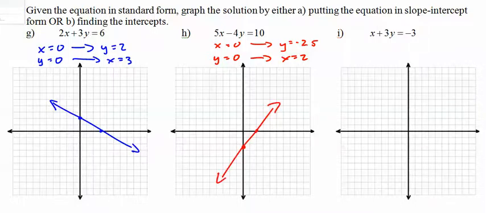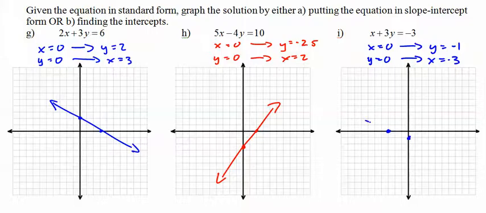One more time. X equals 0, y equals -1. Y equals 0, x equals -3. So the points are 0, -1 and -3, 0. Off we go.